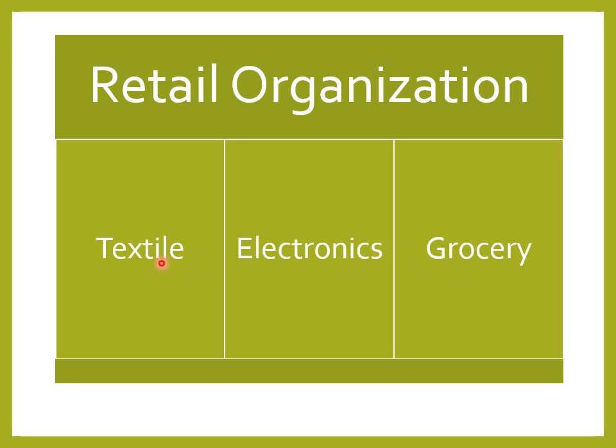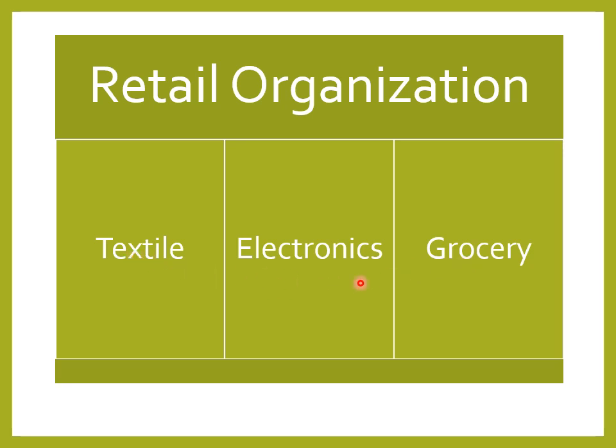So students, what we do, we maintain separate accounts of the textile department, separate accounts of the electronics department, and separate accounts of the grocery department. So we determine the profit or loss of each department. We find the profit of the textile department, profit of the electronics department, profit of the grocery department.